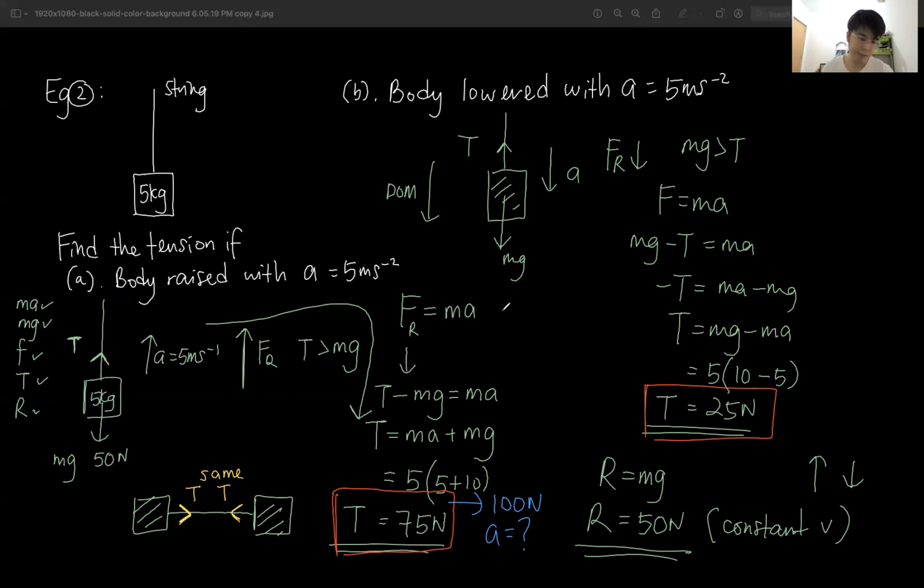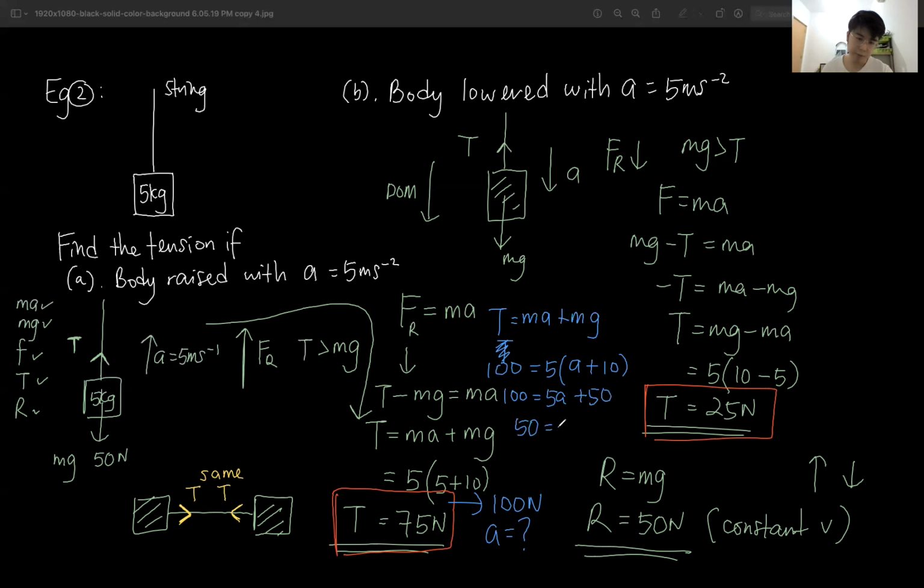Right, then you can do the same thing. T equals ma plus mg. T, this one we put the 100. 100 equals 5 times, now we are finding the acceleration, a, plus 10. Okay, so 100 equals 5a plus 50.